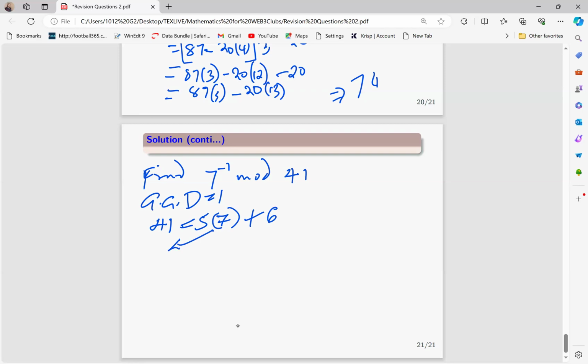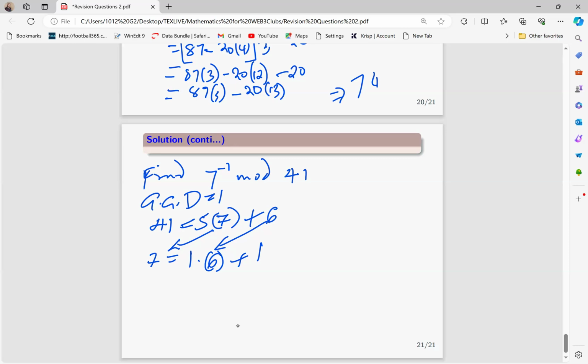So the next thing is now the pattern: 7 comes here, then 6 comes here. Then you put it into brackets. So how many times does 6 go into 7? So it's 1. And the remainder is plus 1. So again, you do the exact same thing.